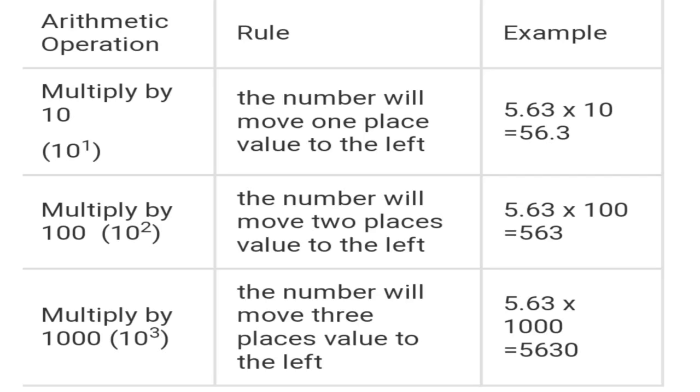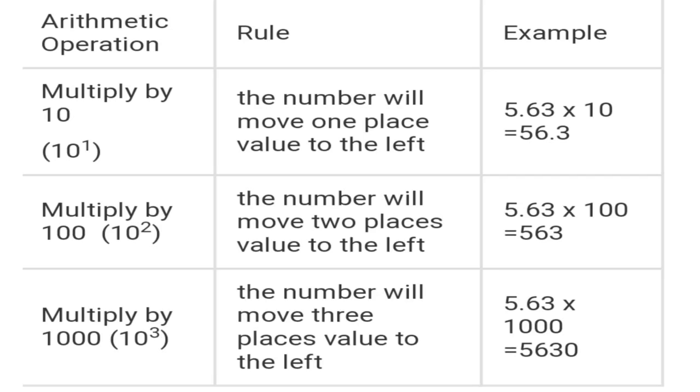For example, if we multiply 5.63 with 10, then our answer will be 56.3. Similarly, if we multiply 5.63 by 100, then our answer will be 563. Here, the number moved two place values to the right.